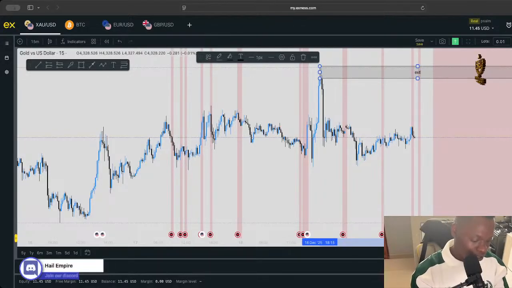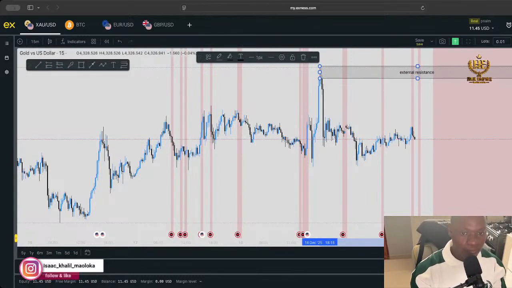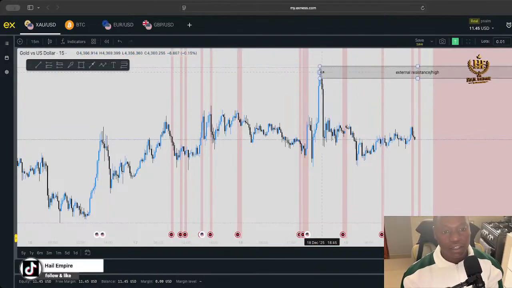So this is the external resistance slash high. This is the current high that is holding the market intact, inside of it.